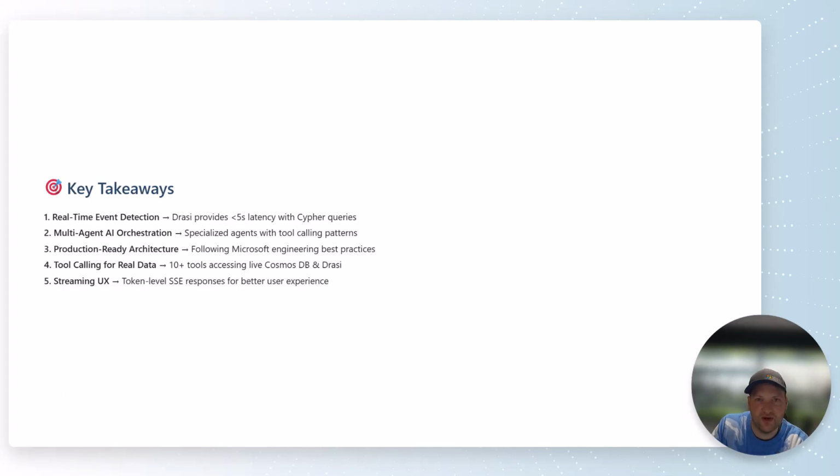So key takeaways: Drasi is really useful with Cypher queries. Just a note, it does not support all Cypher query syntax. I ran into that quite a few times, but the product team are improving upon it, which is really great. Then there's multi-agent AI orchestration through Microsoft Agent Framework, and try to develop using engineering practices like the ISE engineering playbook and Microsoft API guidelines, for example, as a base when you're building these things from the get-go.